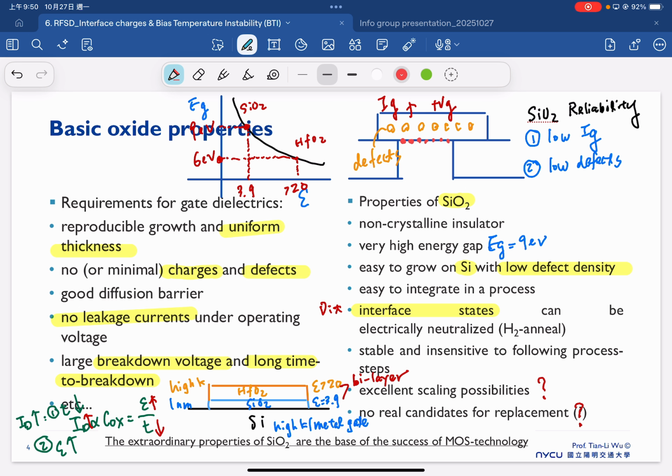Because it is not perfect, we always have issues, what we call the interface states. So we also hope to have lower interface states. So that's the requirement for a dielectric, what we expect if we want to have good reliability, which is actually the expected properties.